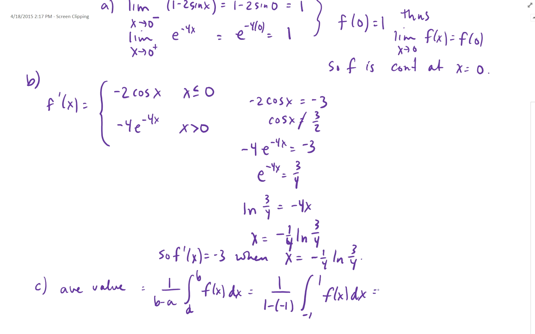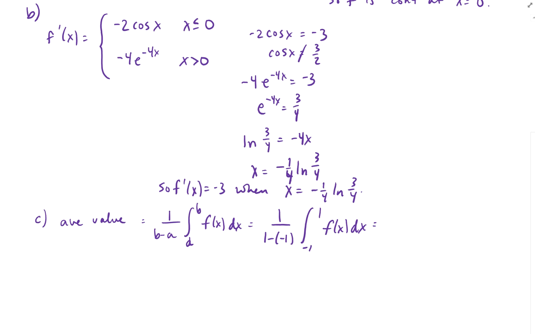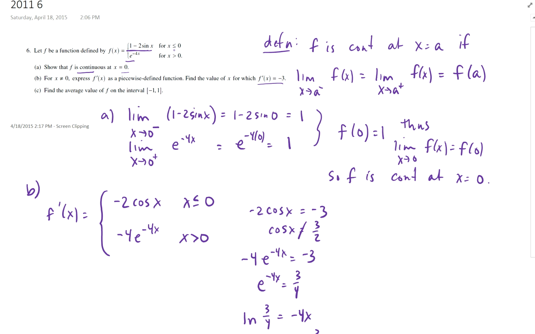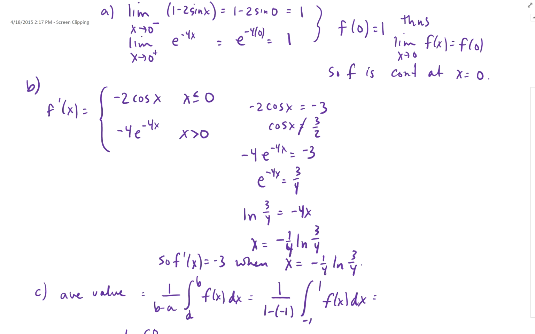Now the problem that I have here is that I've got two different functions, so I'm going to have to rewrite this as 1 over, that's a half, the integral from negative 1 to 0. So from negative 1 to 0, which function am I working with? x less than 0, 1 minus 2 sine of x.